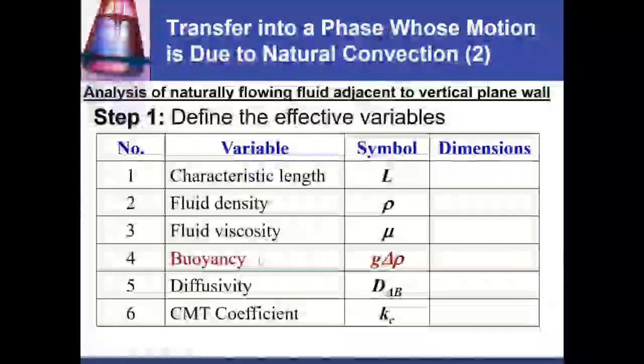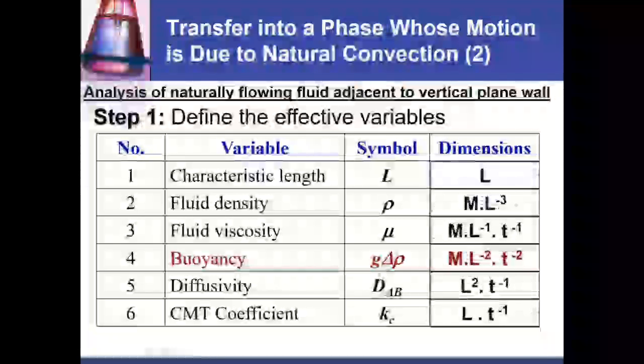Why does the hot air flow up? Because of the buoyancy force. The buoyancy force is very important in natural convection, and its driving force is the change in density and gravity, so g times delta rho. If you have no change in density, there will be no buoyancy. If you have change in density and gravity as well, this allows the buoyancy force to take place. Then we have the diffusivity and the convective mass transfer coefficient.